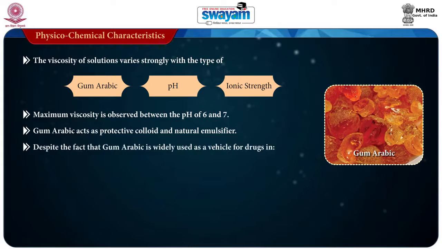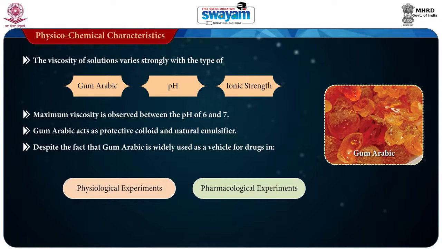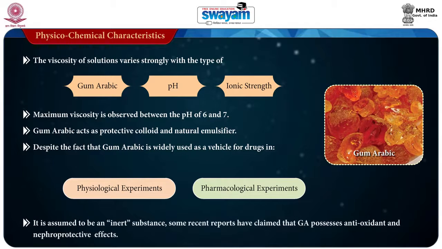Despite the fact that gum arabic is widely used as a vehicle for drugs in experimental physiological and pharmacological experiments and is assumed to be an inert substance, some recent reports have shown that gum arabic possesses antioxidant and nephroprotective effects.